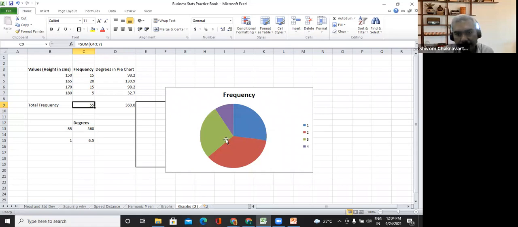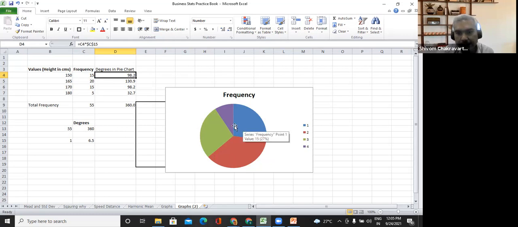So 6.5, 6.5, 6.5, like this. We will have 55 slices. Now those slices we have to combine depending on the frequency. So here this value has 15 of those units. 1 unit corresponds to 6.5 degrees, then 15 units will correspond to 15 into 6.5 degrees. That is how you decide what the angle should be.